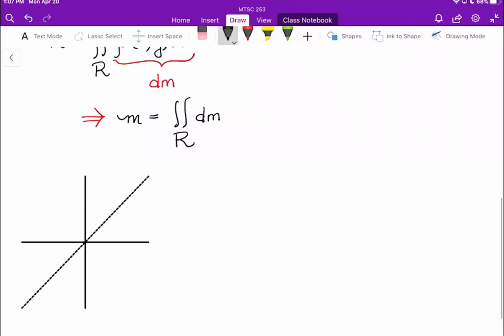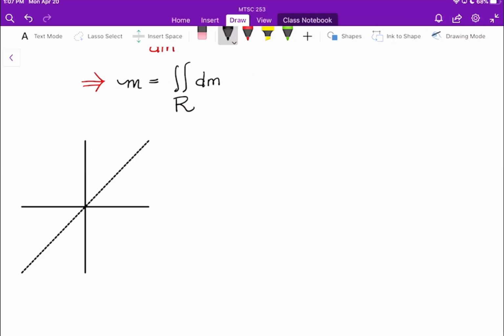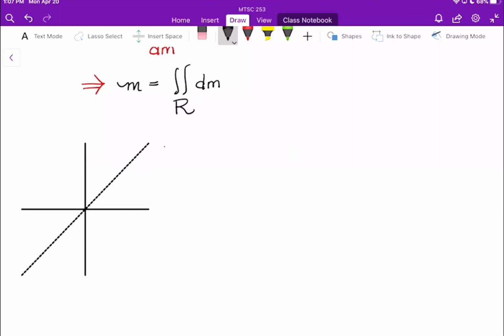So let's say I have this in the XY plane, I have what we call a lamina, or a flat region that has a density to it.